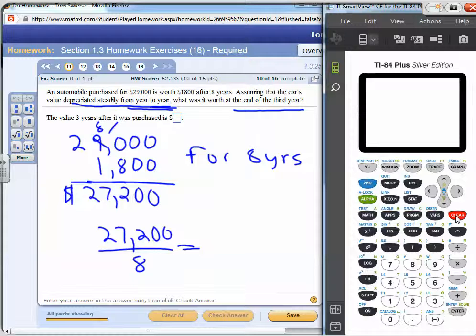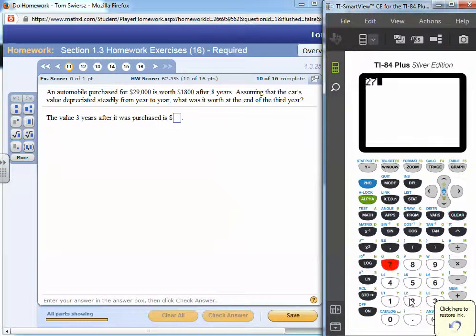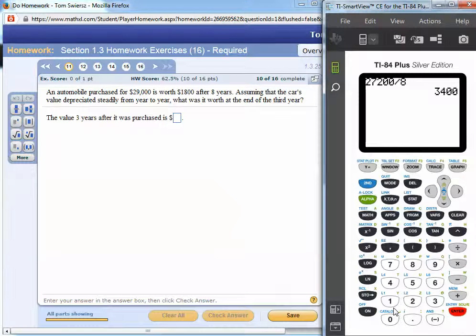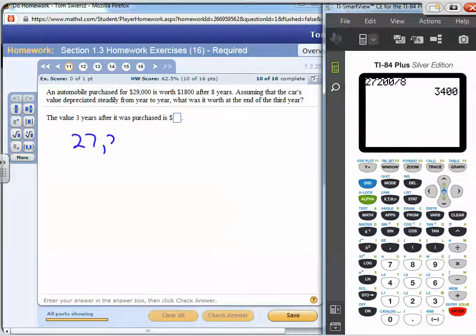So we'll do that on our calculator. 27,200 divided by 8, and we get 3,400 per year. Okay, so again, what we did was we took the 27,200, the difference, divided by 8, and got 3,400.